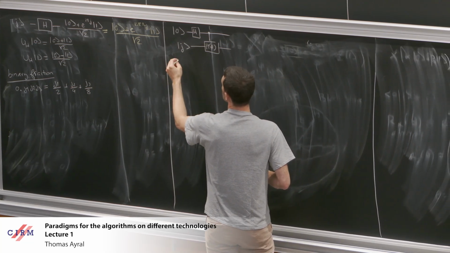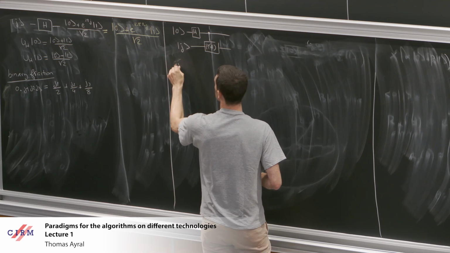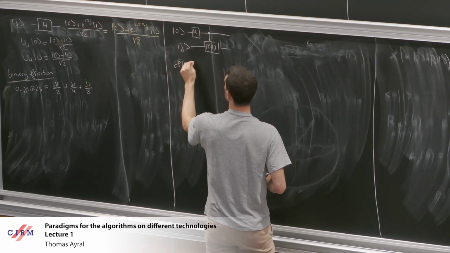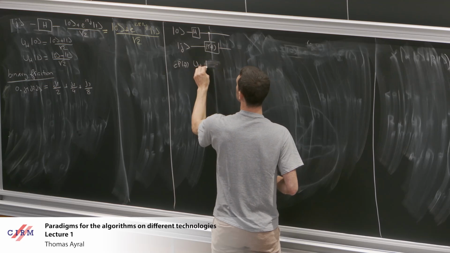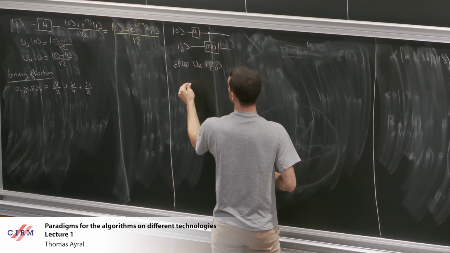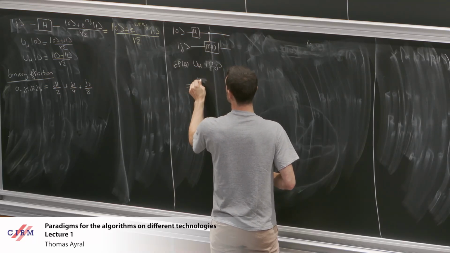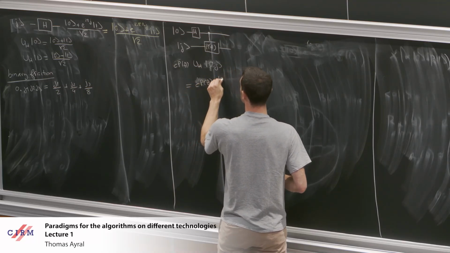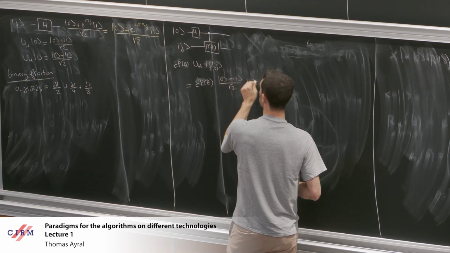Now, if I do things carefully, then I apply the controlled phase to 0 times j. Then what it gives me is the controlled phase applied to 0 plus 1 over square root 2 times j.